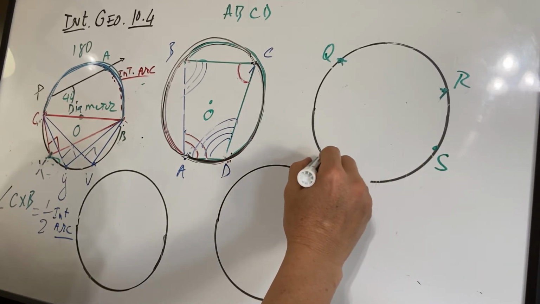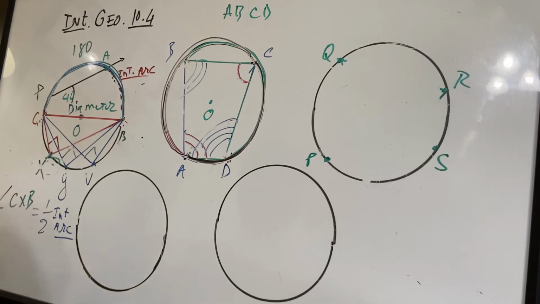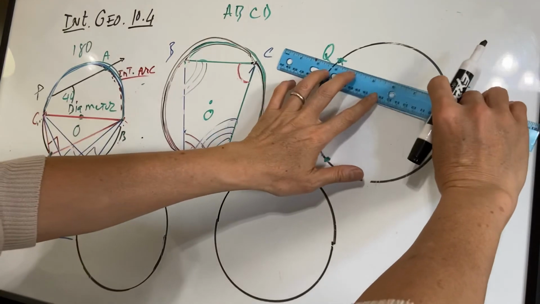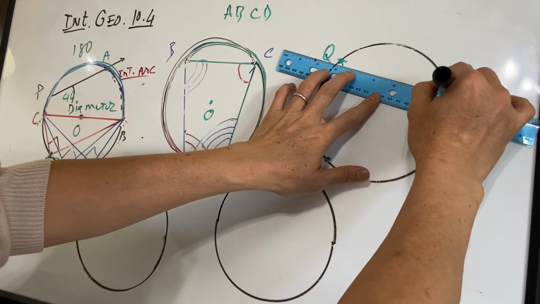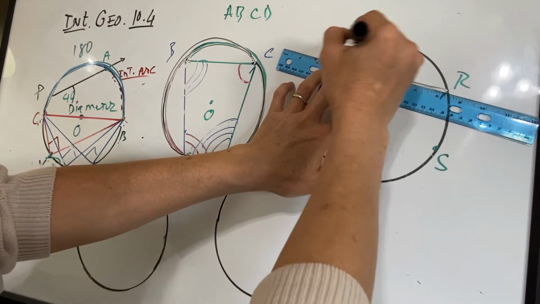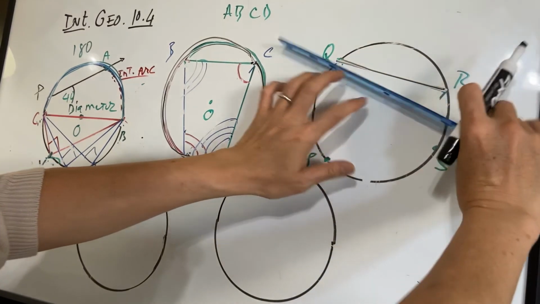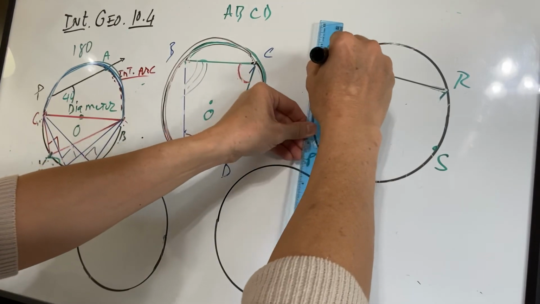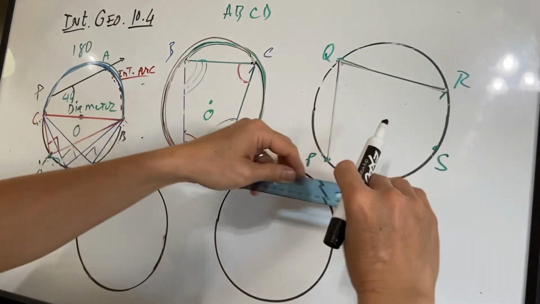I think that's P. There we go, P. Okay, now I am going to go ahead and draw this quadrilateral, or shall I say properly, the inscribed quadrilateral. There we go.